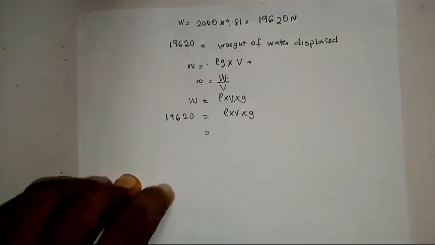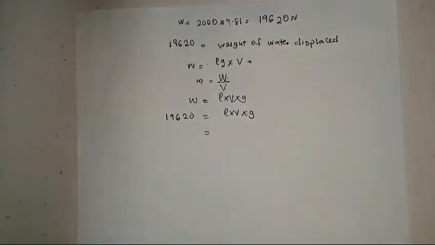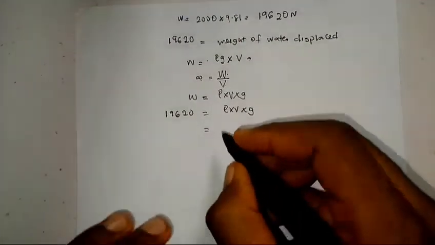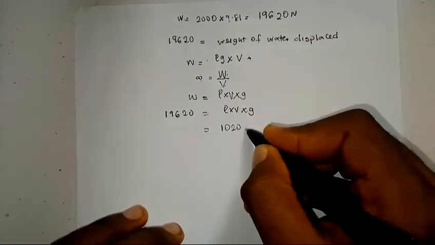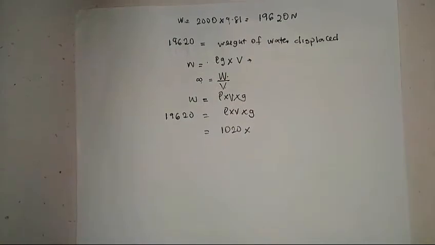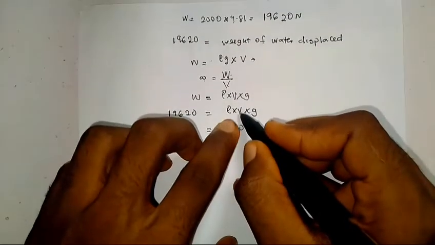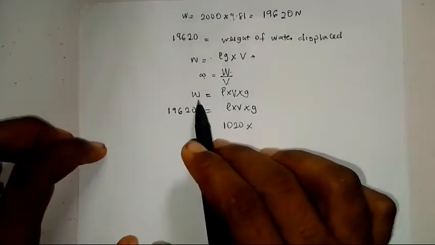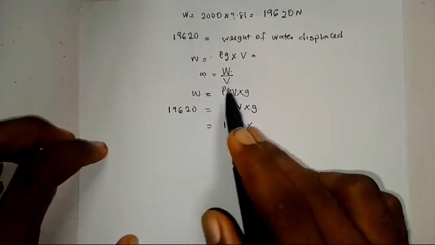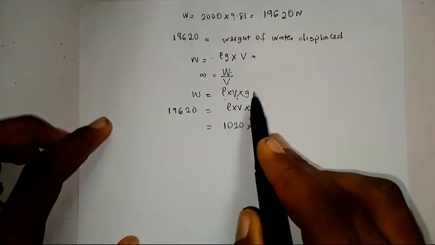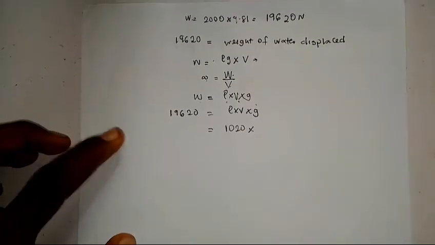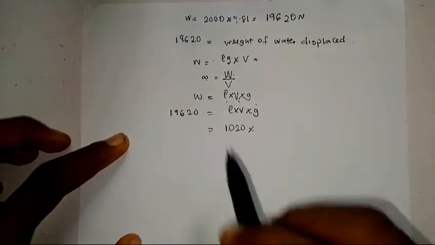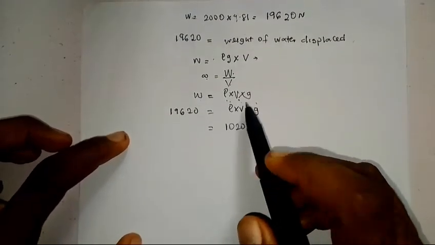The density of my seawater, which they gave me in the question, is 1020 kilogram per meter cube, so we have 1020 times the volume of water displaced times G. I'm going to repeat myself: this is the weight of water displaced, equal to density times volume times G.